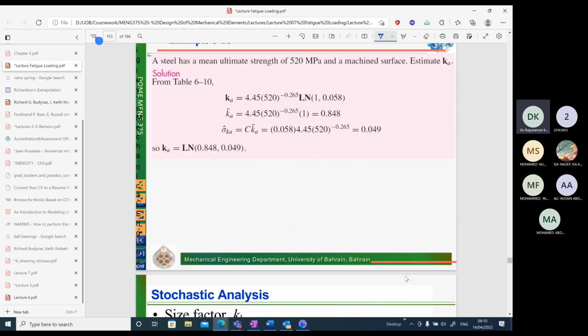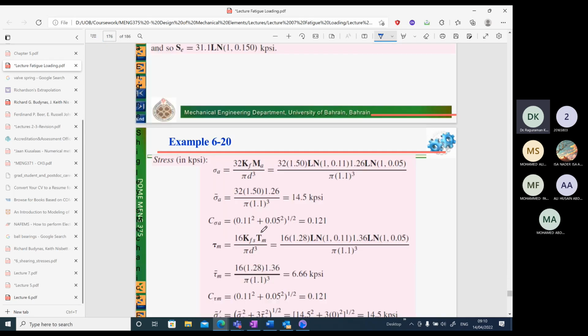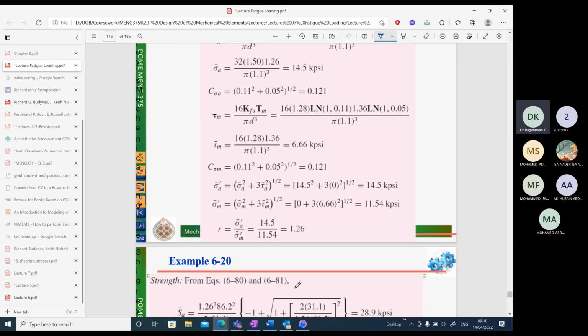Okay, so we are done with this chapter, and we need to go to a new chapter, which will be the first chapter on applications. So we will start with shafts, and we have 3 more chapters to be covered. What are the 3 more chapters?